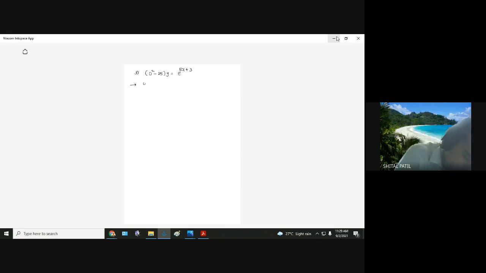So y of p equal to 1 upon d square minus 25, right? e raised to 5x plus 3. So this plus 3 will not make any problem for us. We have to consider the a, and what is the a? e raised to x, so coefficient of x only.